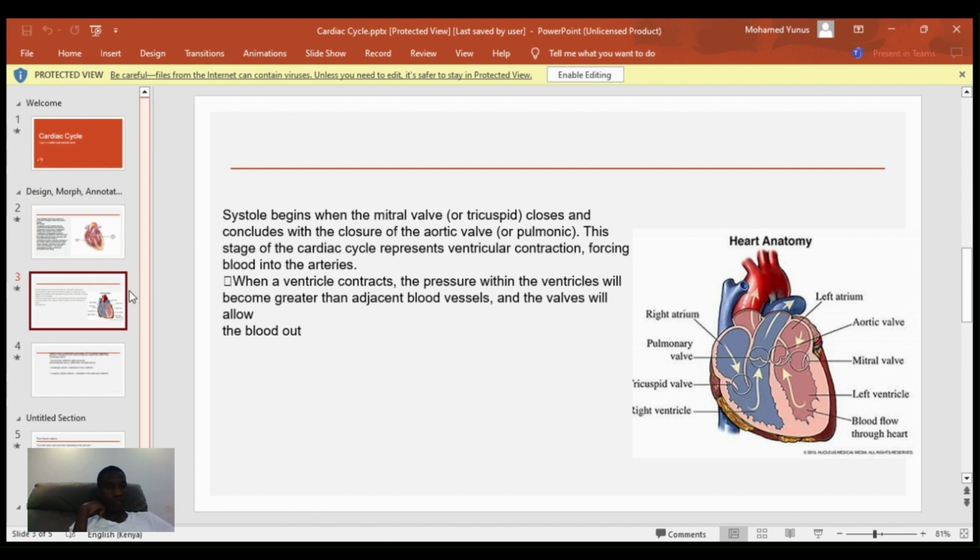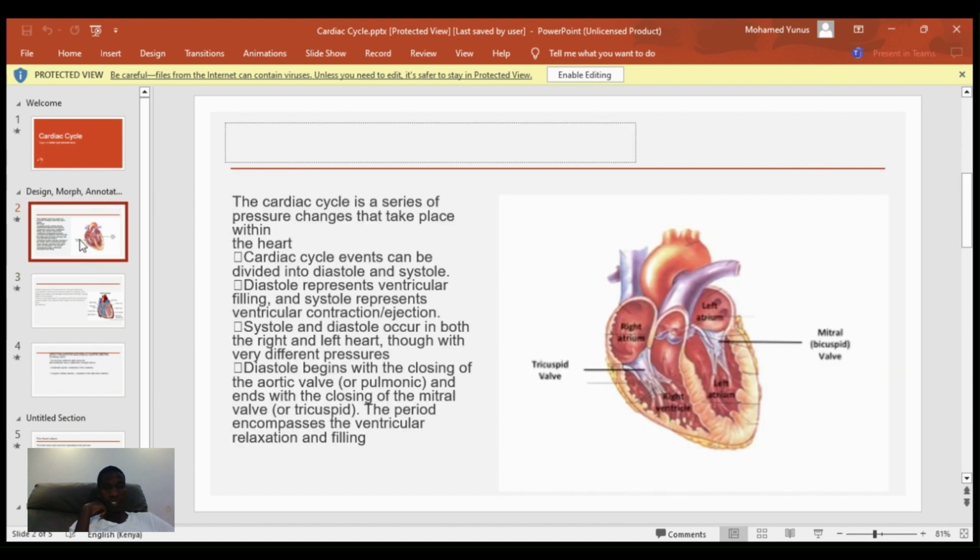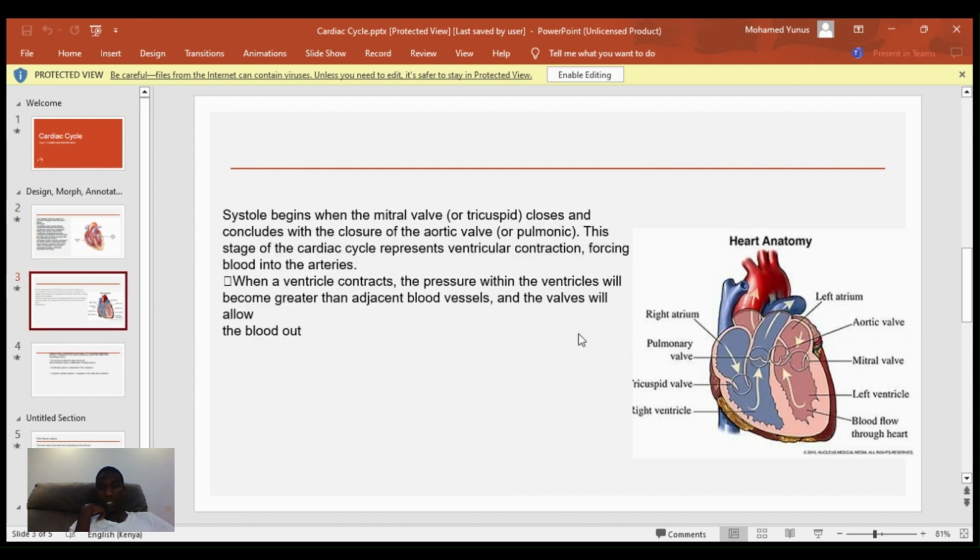Then let's go back to the previous slide. Here we are also told that diastole begins with the closing of the pulmonic and the tricuspid valve. If we come to the right heart, here is our pulmonic valve, then here is the tricuspid valve.